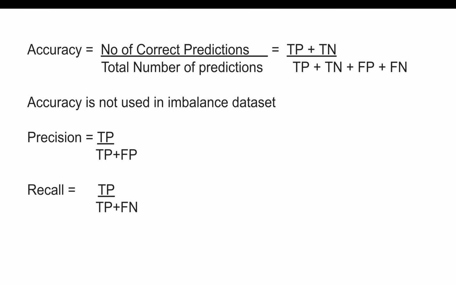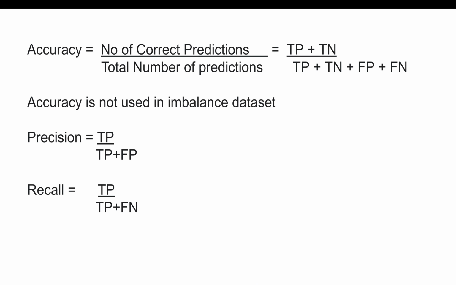The true positives are nothing but cases where the actual value was true and the predicted value was also true. A true negative is when the actual value was negative and your model has also correctly predicted it as negative. The sum of these, divided by the total number of values that your model has predicted, is the accuracy.